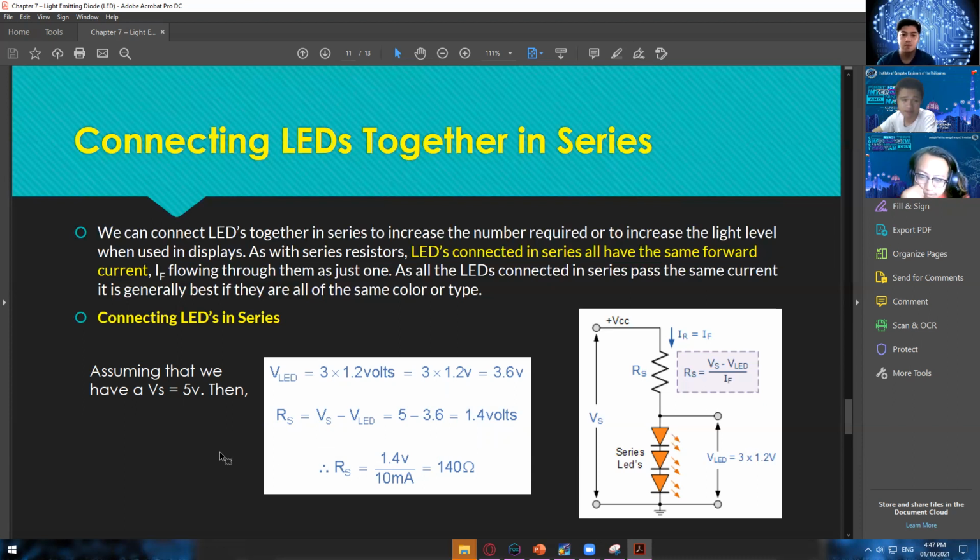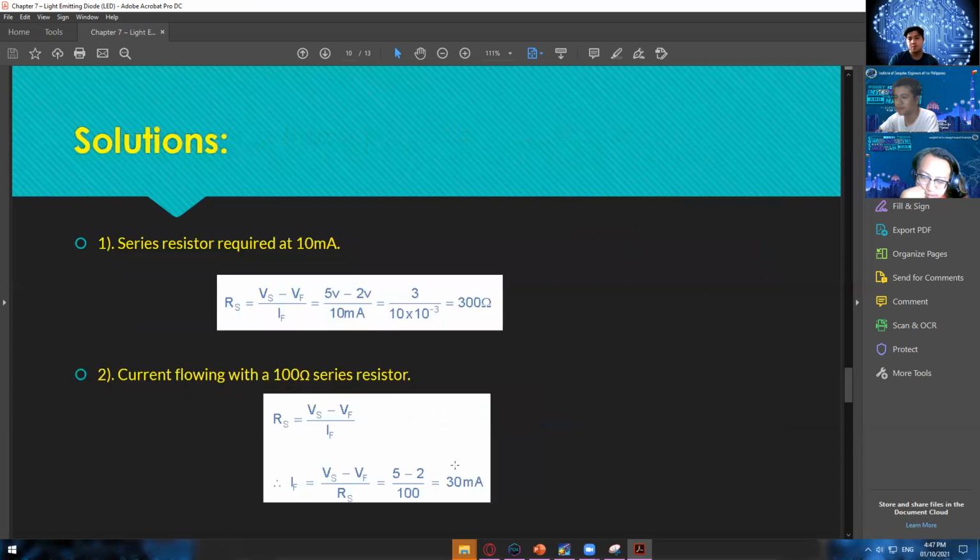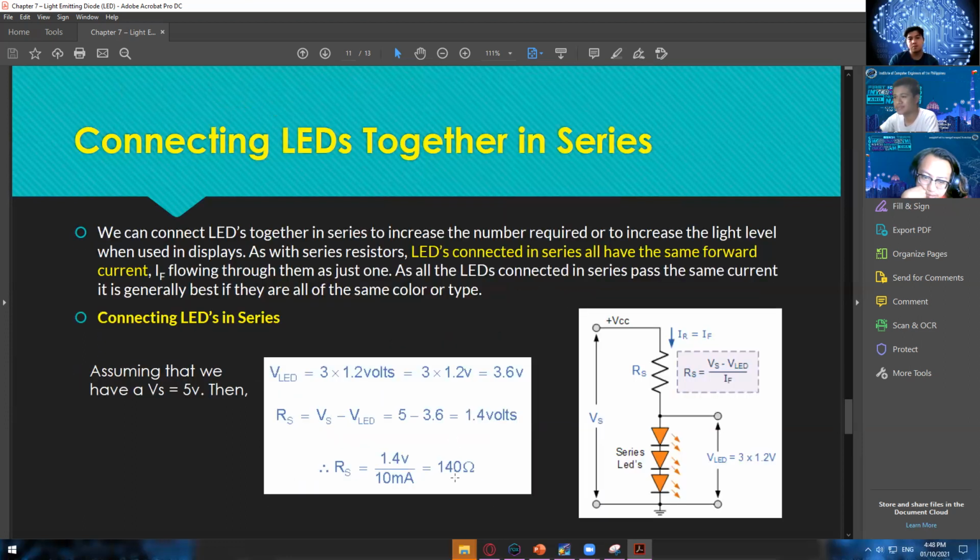And for the RS right here, we have V divided by RS is equal to Vs minus VLED. So it was just mixed up and separated. This is our IF itself, which is the 10 milliamps. So this one came from here maybe, since the 10 milliamps was not given here. So this RS right here is the numerator part, Vs minus VLED, and this RS right here is now the complete version of this one.